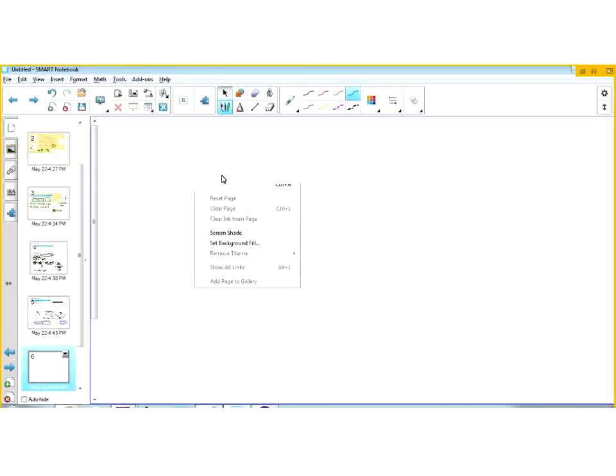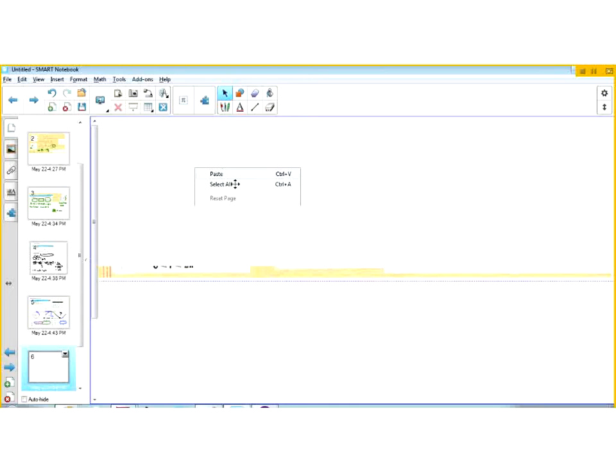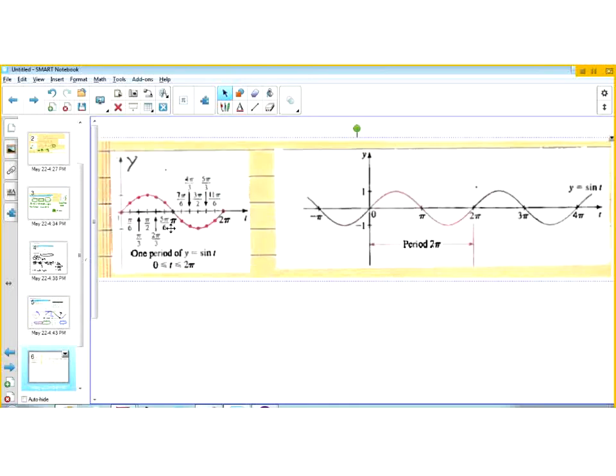We'll summarize the sketch of the sine function in the next figures. Okay, so the first figure summarizes what I just went over.